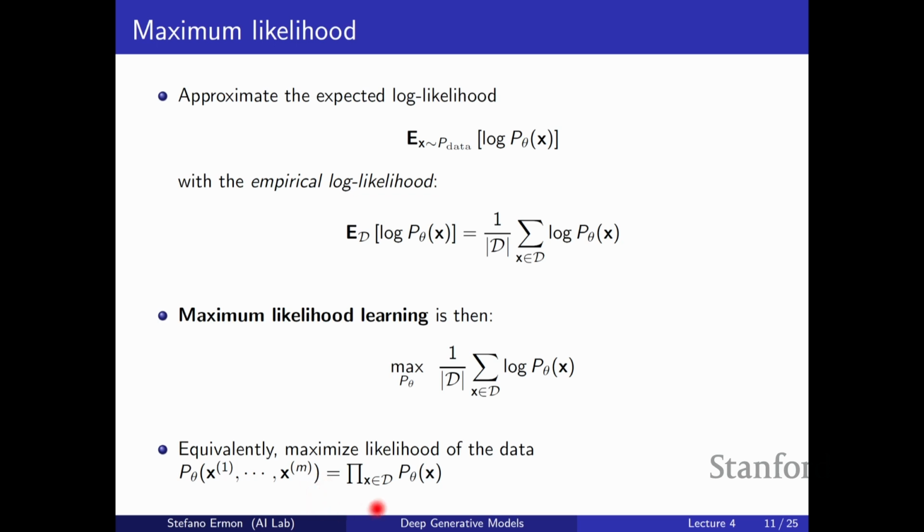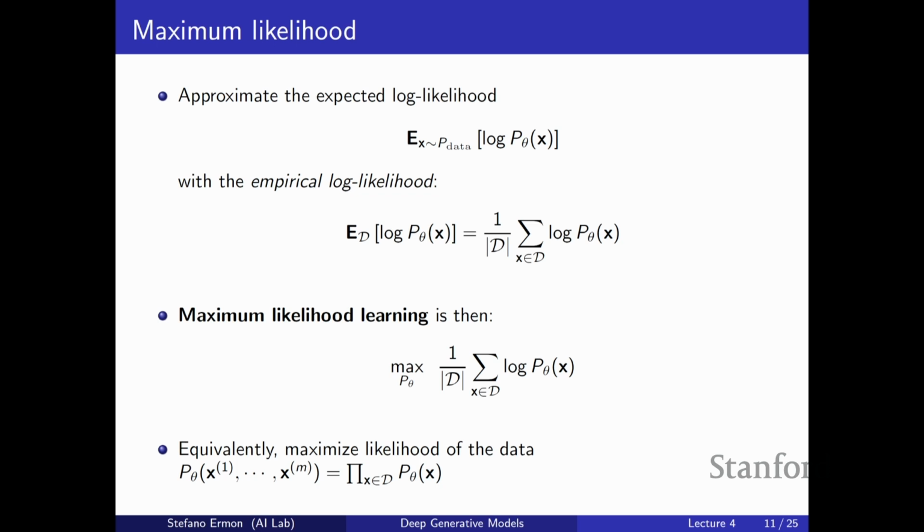If you take a log of this expression, the log of a product becomes a sum of logs, and then you get that these two things are exactly the same. So again, a very reasonable training objective: let's find parameters that maximize the probability of observing the data set that we have access to.